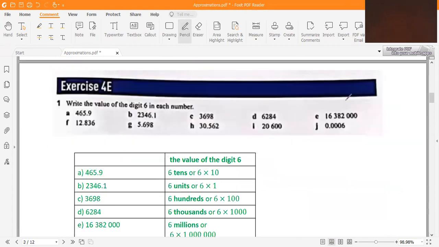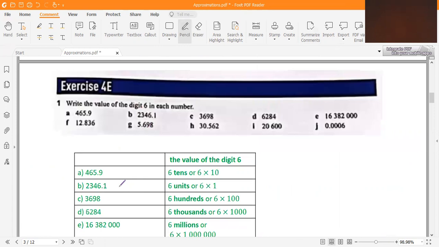In the first exercise, they asked us to write the value of the digit 6 in each number.